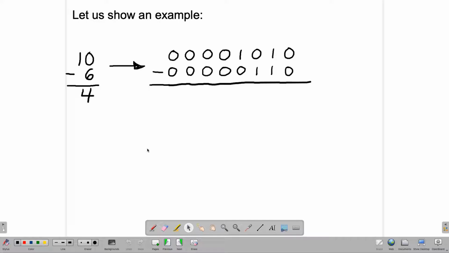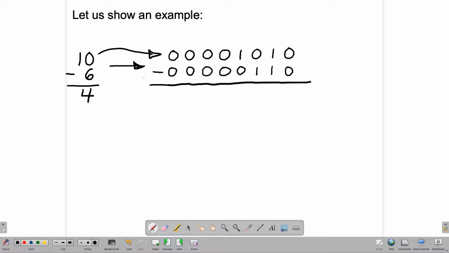So in this example, we can just convert the value 10 to binary. The binary representation for the value 10 is 0, 0, 0, 0, 1, 0, 1, 0.